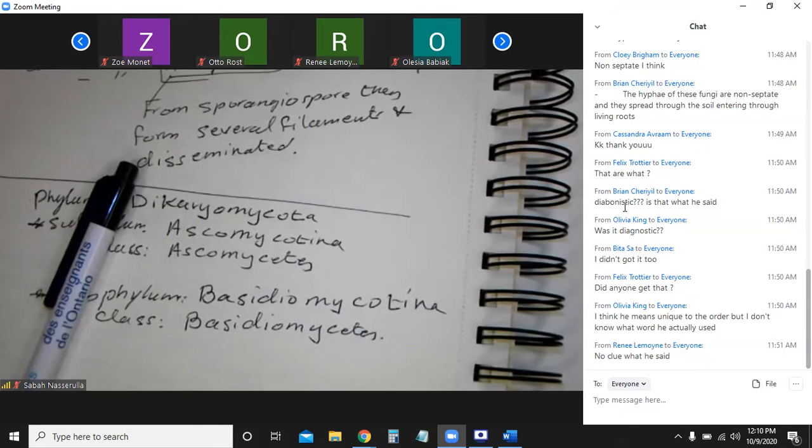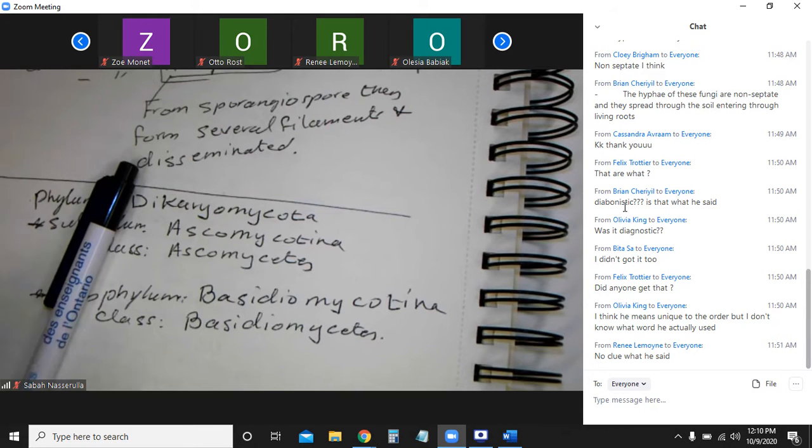Now, these are more or less the largest groups of fungi, Ascomycetes and Basidiomycetes. Why I call them Dikaryomycota is because they have cells with two nuclei.